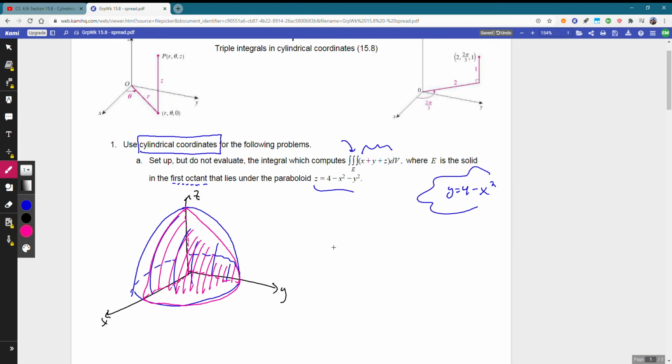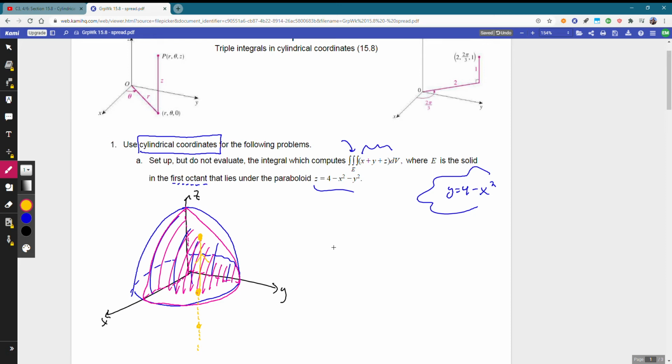All right, and so to start, we need to pick a variable to move first. And so I think let's think about moving z to start. That seems pretty natural. If we pick an xy and move in the z direction, we are starting at z equals 0, and then moving up, and then blink, coming out on our paraboloid.